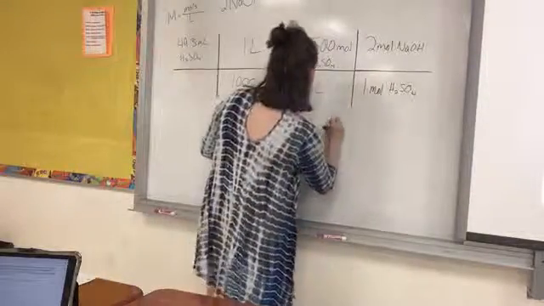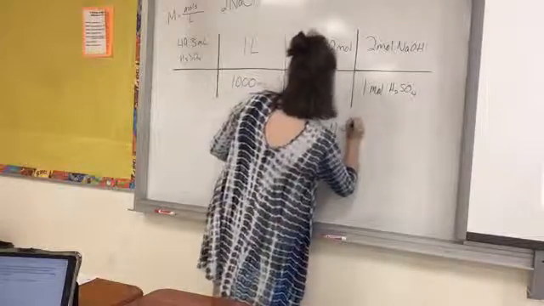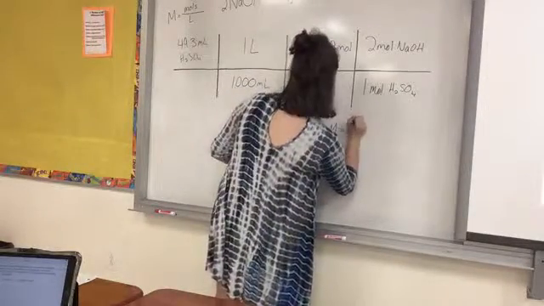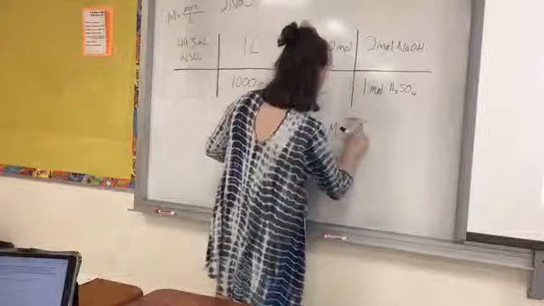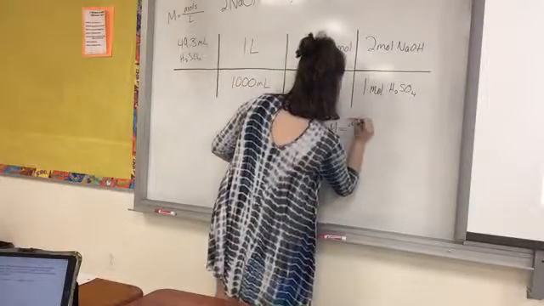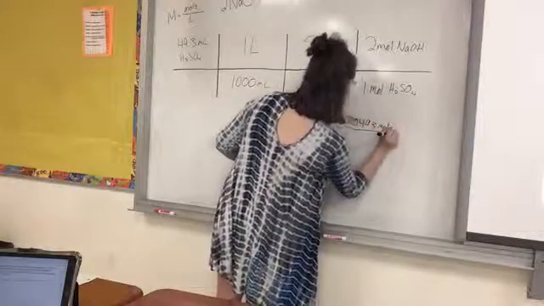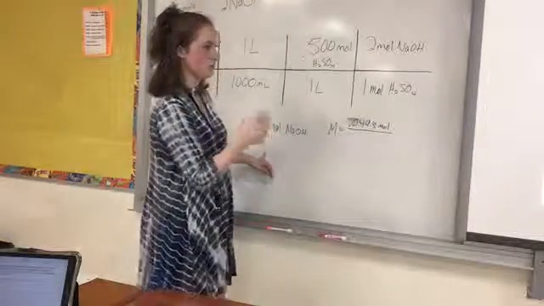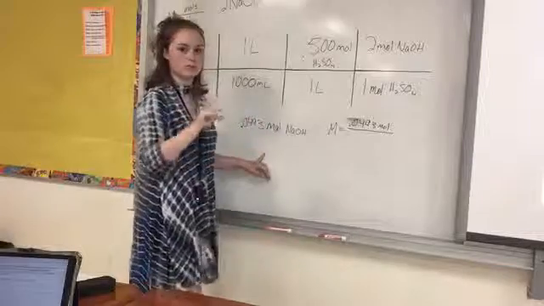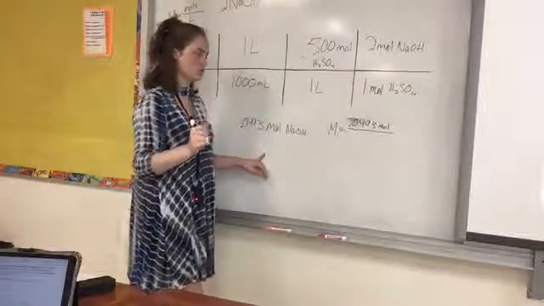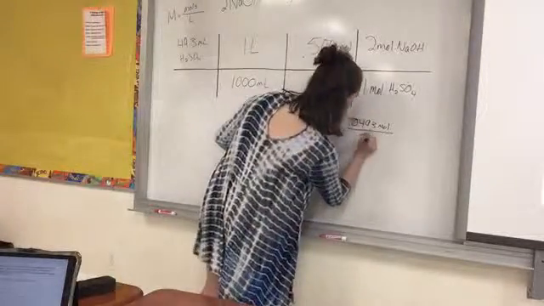So the molarity would equal 0.0493 moles over, in the problem they give us 20 milliliters, so we have to convert that to liters by dividing by 1,000, so that would be 0.02 liters.